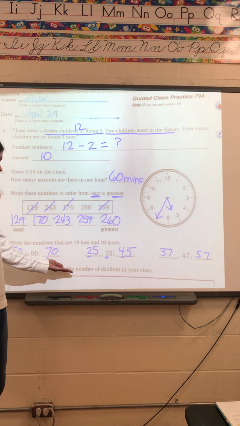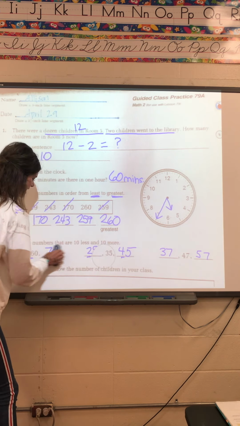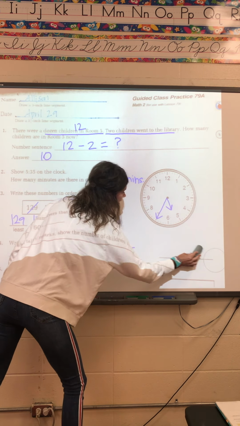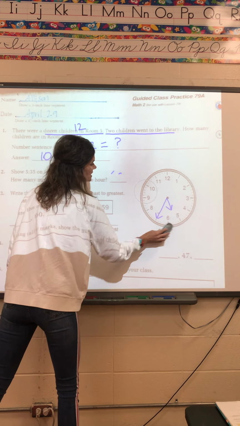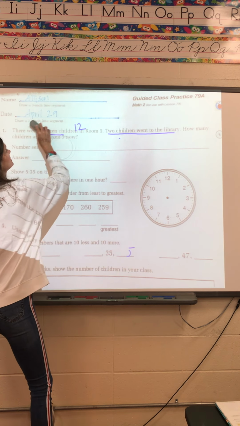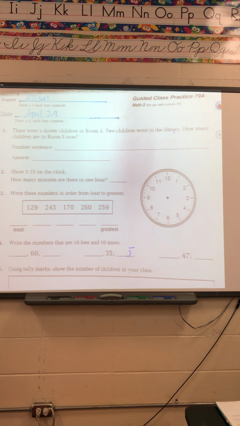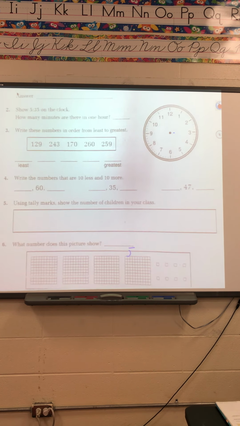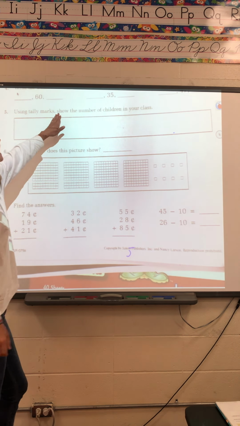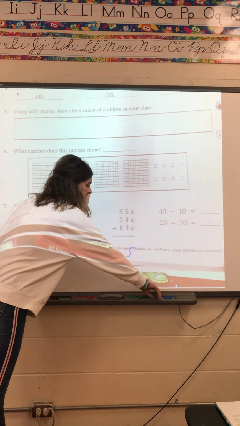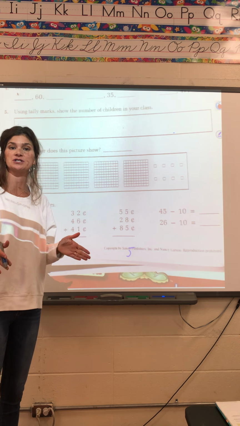Using tally marks, show the number of children in your class. So let me erase this for a minute and move my paper up. Give me just a second, sweeties. Okay, let's look at this. Using tally marks, show the number of children in our class. Well, now that Owen is gone, we have 14, right?